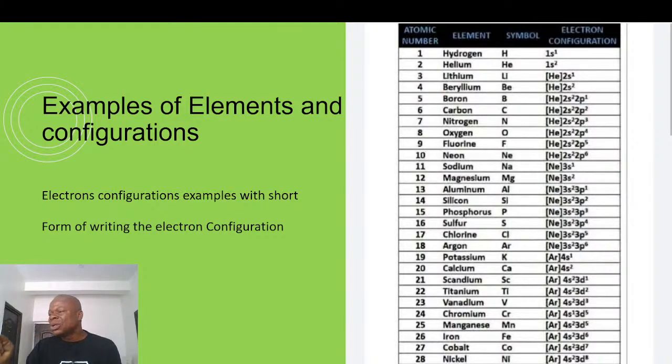Aluminium, the same thing. You have [Ne] 3s2 3p1. If you add 2 plus 1, that is 3, plus 10, that gives you 13, which is the atomic number of aluminium. Then let's look at 14, silicon with the symbol Si. The neon is also involved.